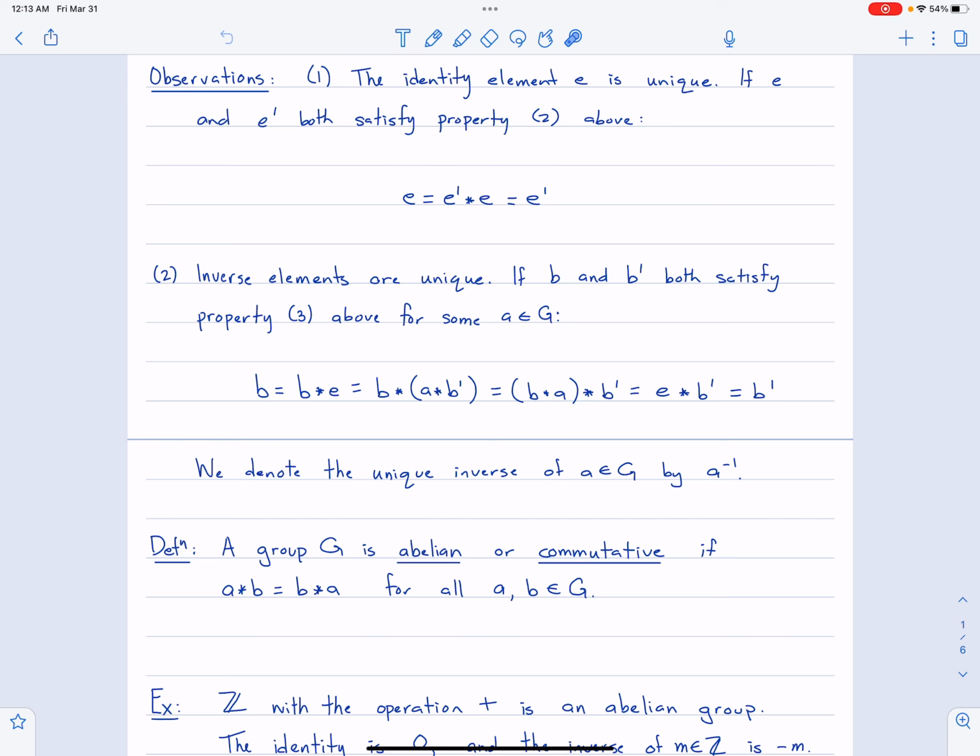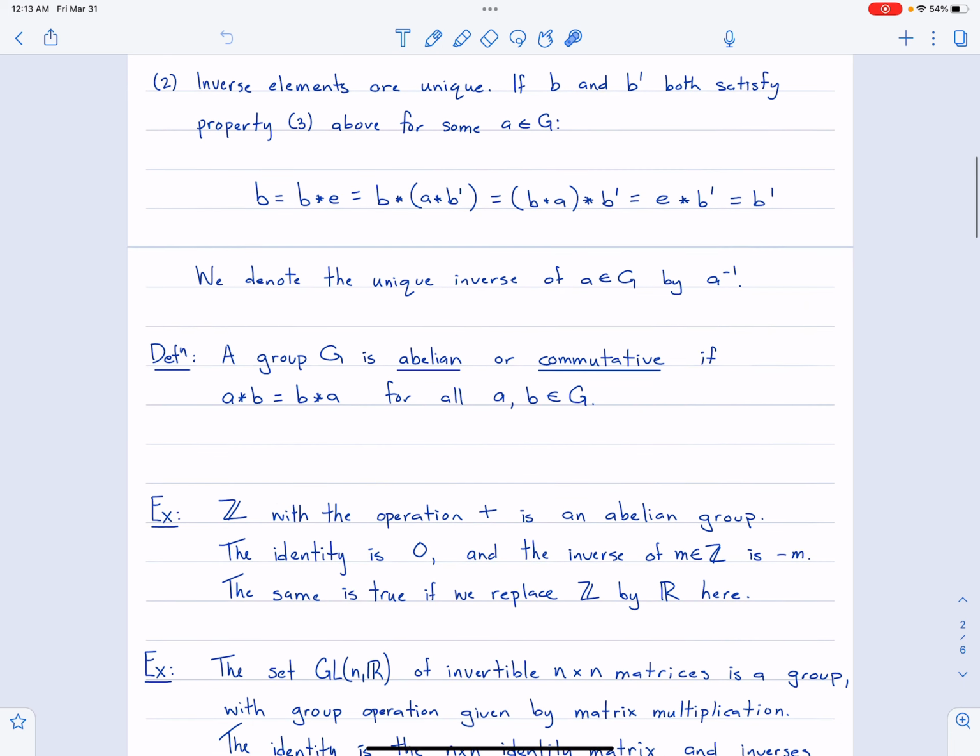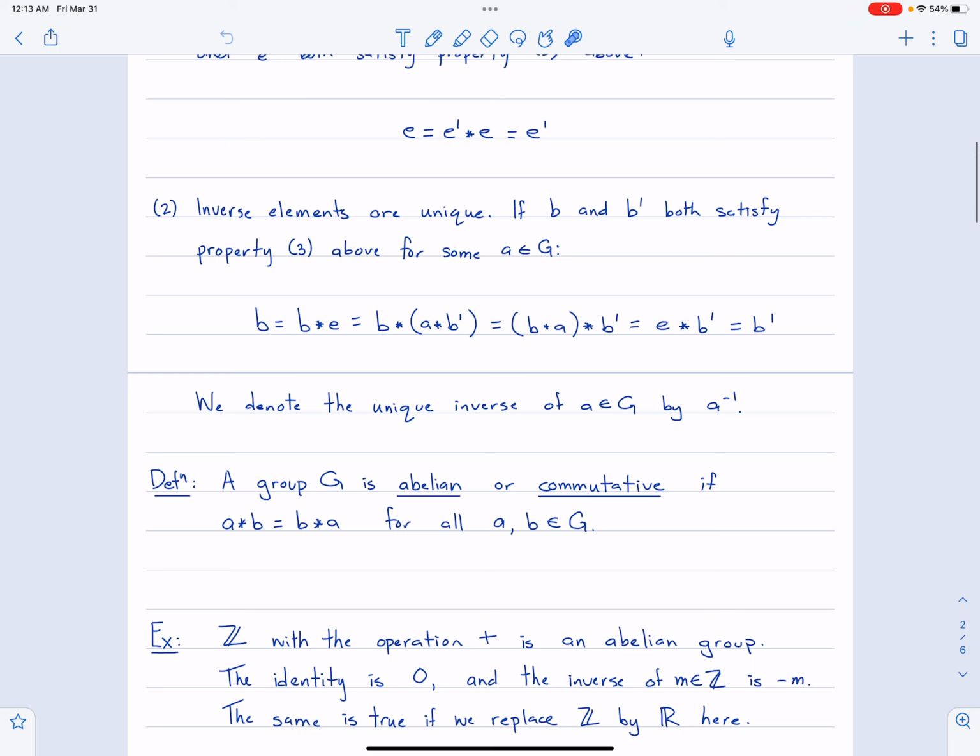Okay, so let's see a couple examples. This is the one that I alluded to earlier. The integers: I've written the group operation as multiplication, but it doesn't always have to be a multiplication. Here I can think of the group operation as being addition, and if you go through the three properties of groups, you're going to see that each of those properties is satisfied.